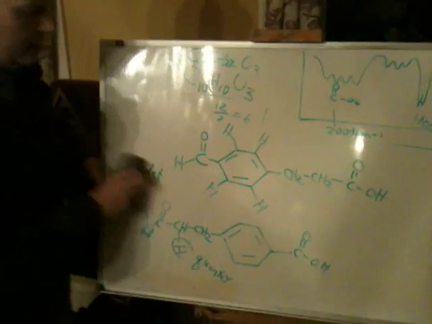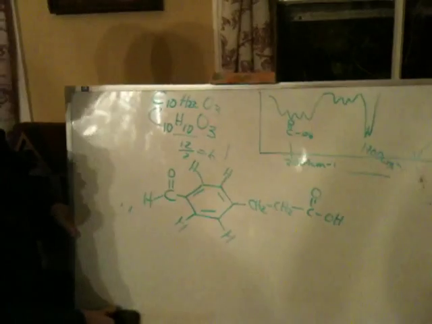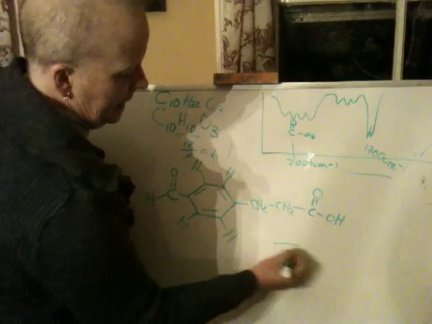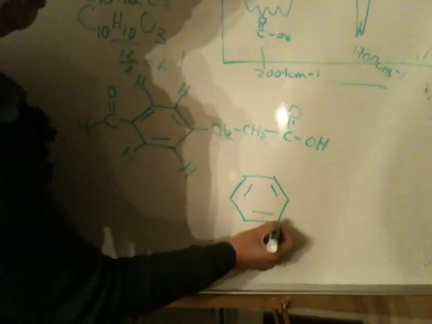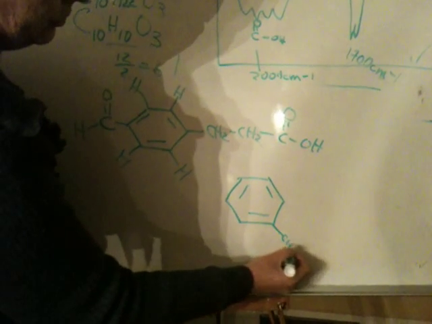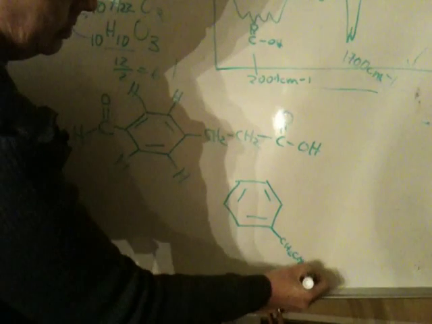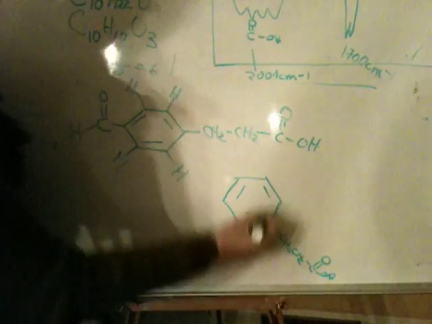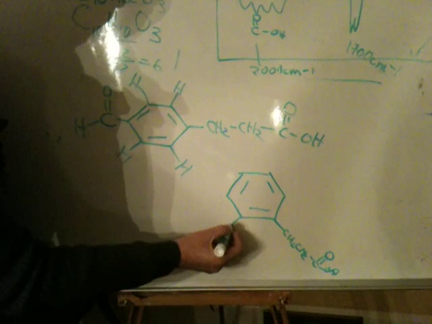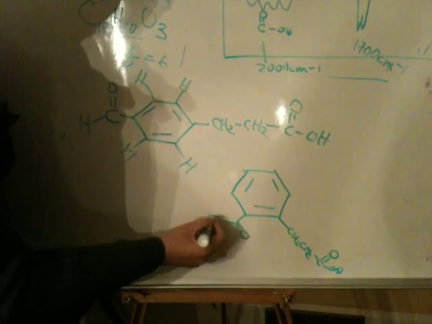Now, again, we tried to go through this individually with students in class, but think about what it would be like. For example, if I put these two groups, CH2, CH2, OH, like say I put that same chain down there, and then I put the aldehyde here. Think about this.